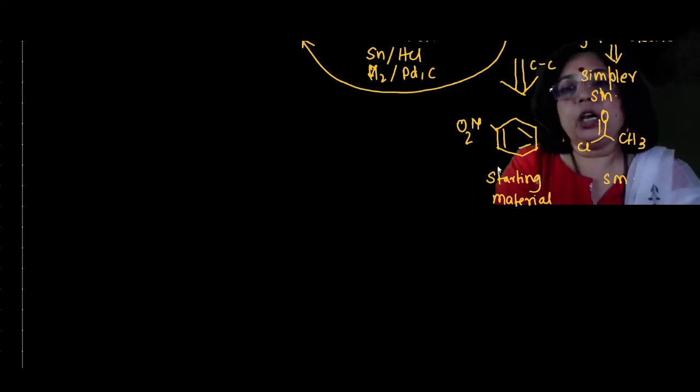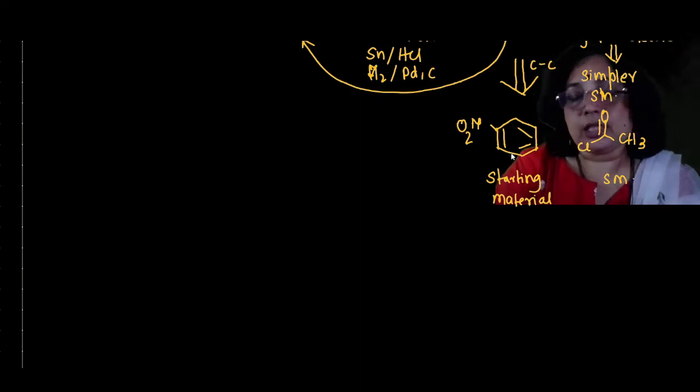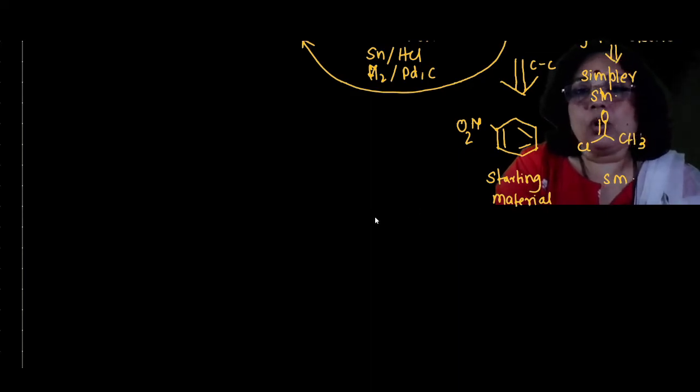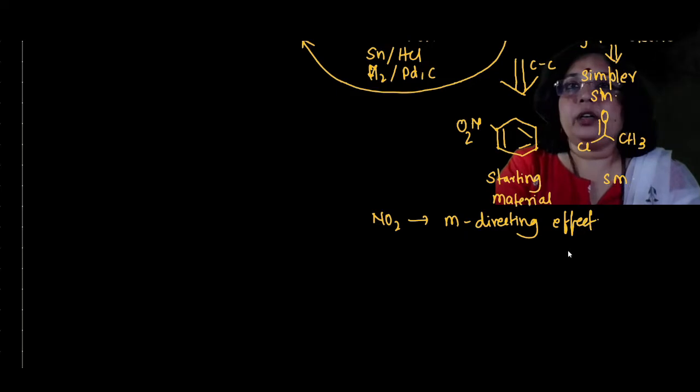Now observe whether the problem which arose in your earlier synthesis has been resolved or not. As we know, what is the nature of the NO2 substituent? NO2 exerts a meta-directing effect. It exerts a meta-directing effect.